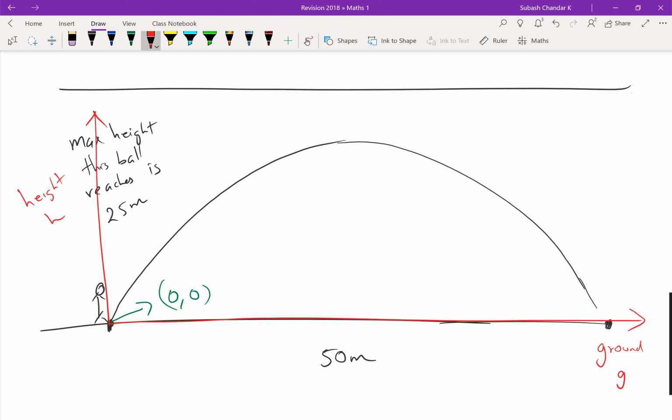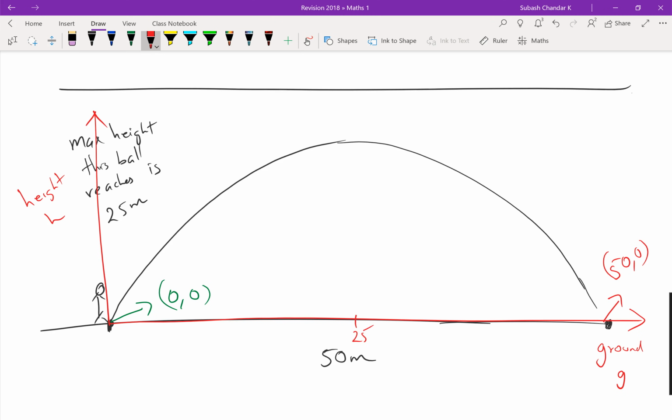Now, even before you go to the equation, let's have a look at some points. You got 0, 0 is 1 point. Can you come up with another point? 50, 0? 50, 0 is another point. What's another point we can come up with? 25, 25.